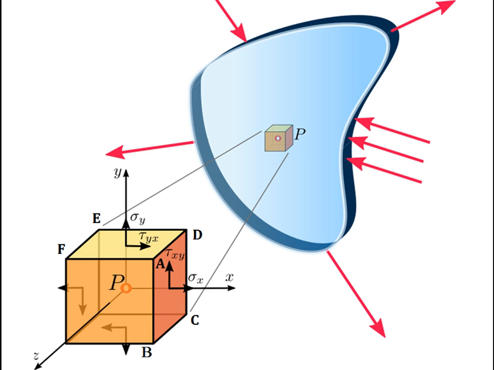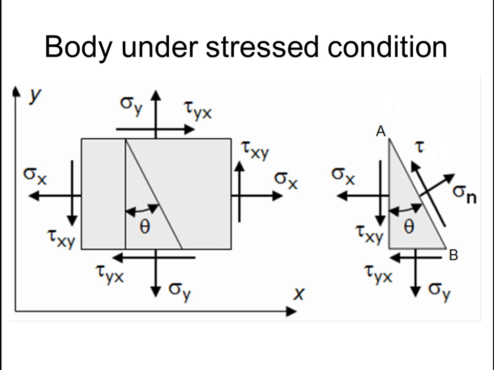If we consider an elemental body from a system which is subjected to a complex type of loading, and see it in a 2D figure, the body under stress condition is shown in this diagram. The stresses along the x-axis and y-axis, tensile or compressive in nature, are sigma x and sigma y.